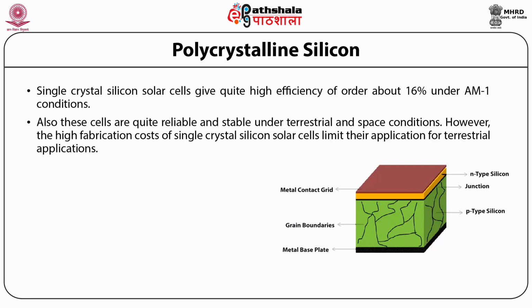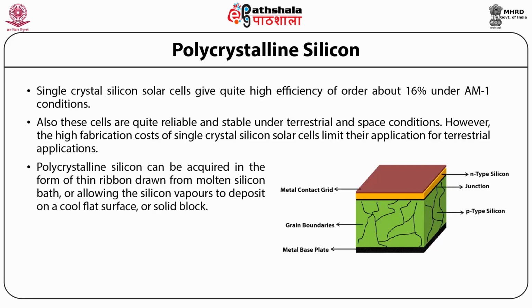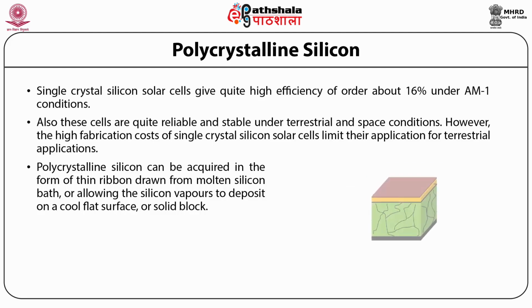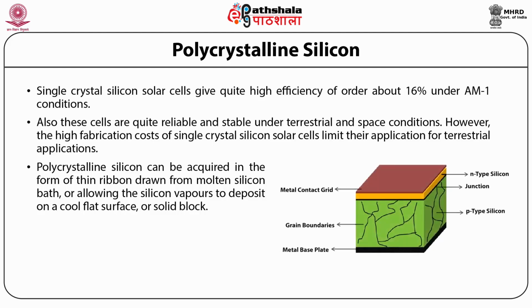Now, it has been discussed earlier that polycrystalline silicon can be acquired in the form of thin ribbon drawn from a molten silicon bath, or by allowing the silicon vapors to deposit on a cool flat surface or solid block. If the molten silicon cools under normal conditions, then the resulting block contains a myriad of microscopic crystals.